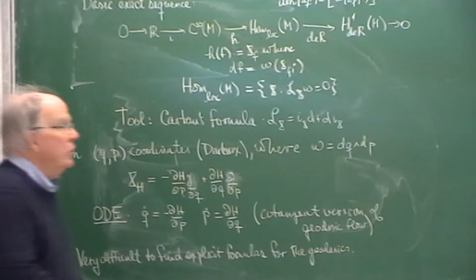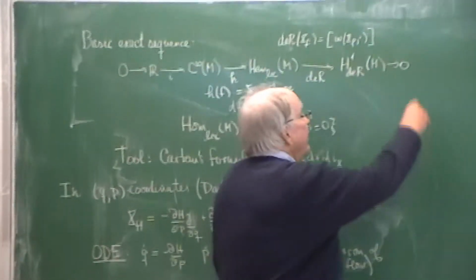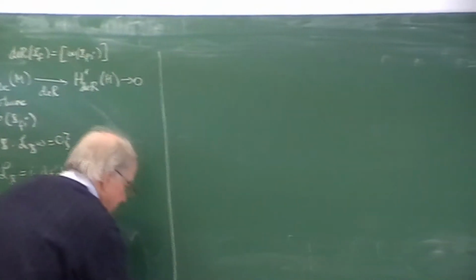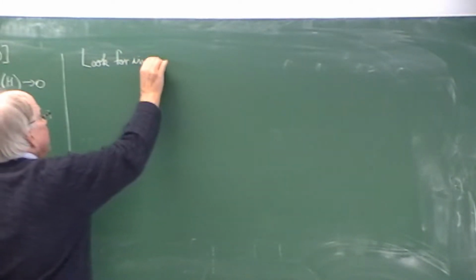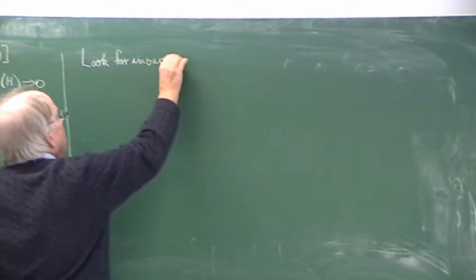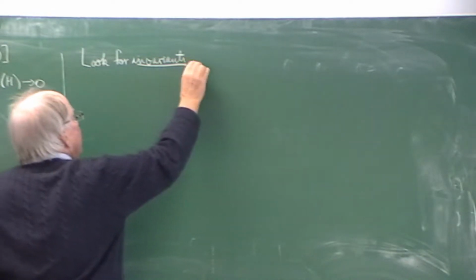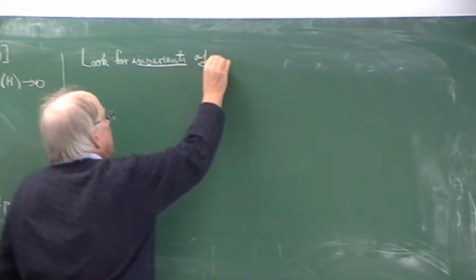So what we do is we look for invariants of the flow, whatever that means, of geodesic flow.